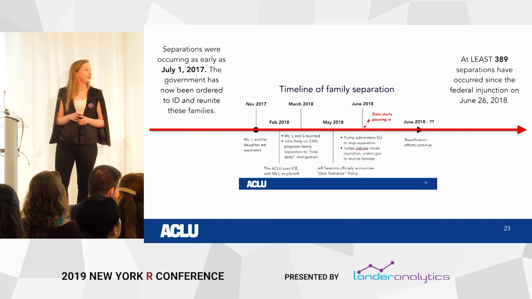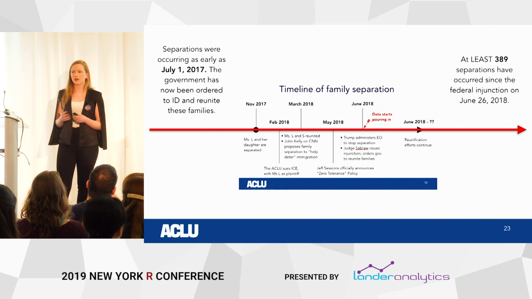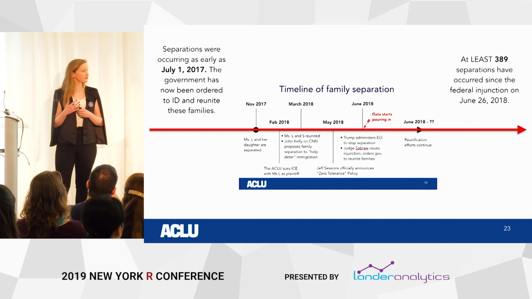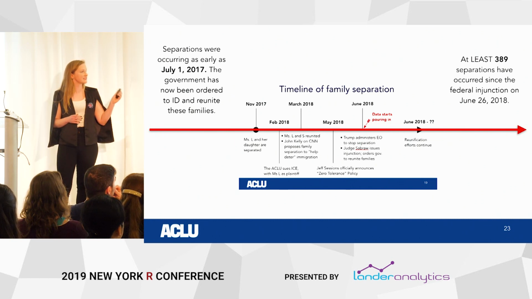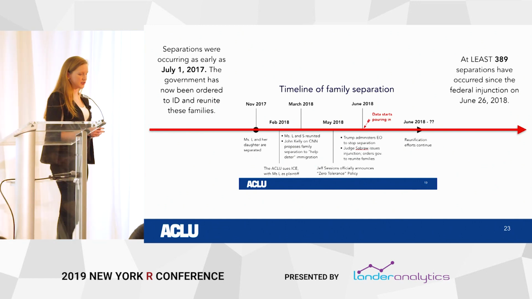So we know that separations were occurring much earlier than November of 2017, and even much earlier than this case became really talked about and known in the media. It's almost a year in advance of that ruling, right? And so we now know that these cases were happening much earlier than we thought, and we know that they've been happening since the injunction.